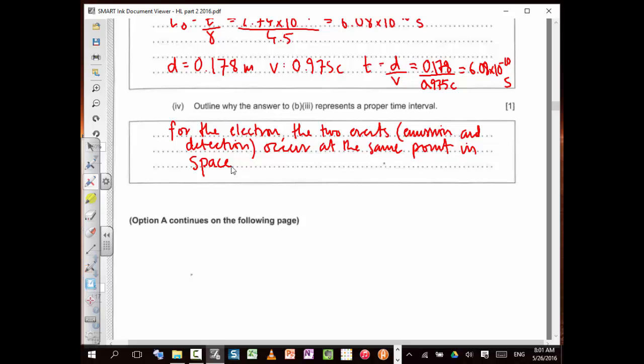And that's how we define the proper time interval. The proper time interval is the interval between the events as observed by a person in a reference frame in which the two events appear to happen in the same point in space. Not appear to, they do happen in the same point in space.